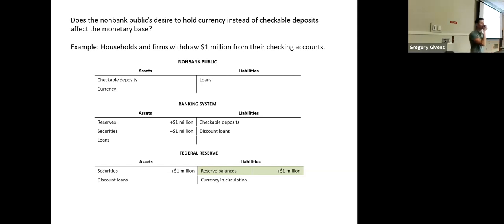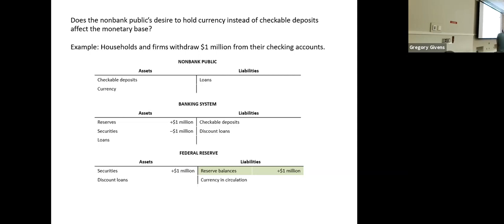Okay, let's go through this step by step. Let's assume that we all think that the banking system is under threat, and so we decide to withdraw $1 million from our checking account collectively. And we want to convert those checking account deposits into currency. What happens to the balance sheet of the non-bank public?